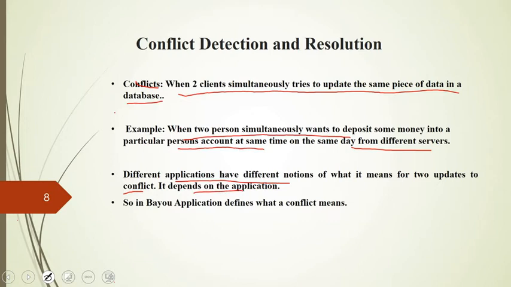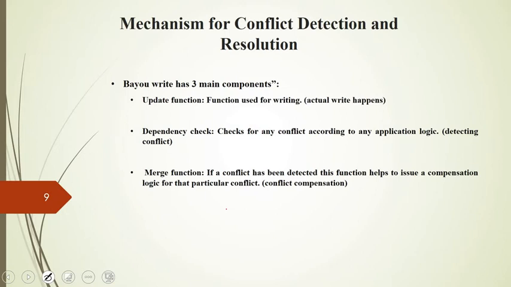So in Bayou, the application defines what a conflict means. In Bayou, there are many mechanisms for conflict detection and resolution. The Bayou system has mainly three mechanisms: the update function, the dependency check, and the merge function.